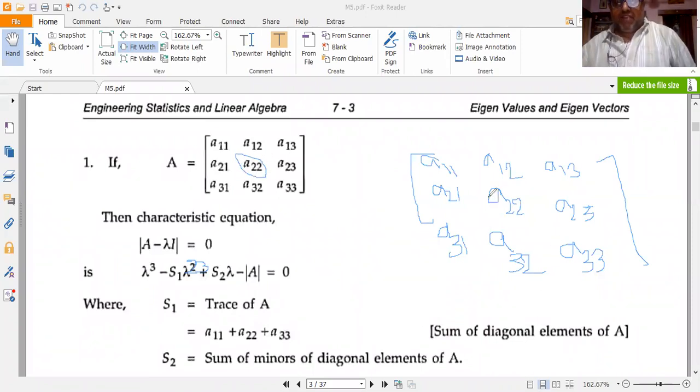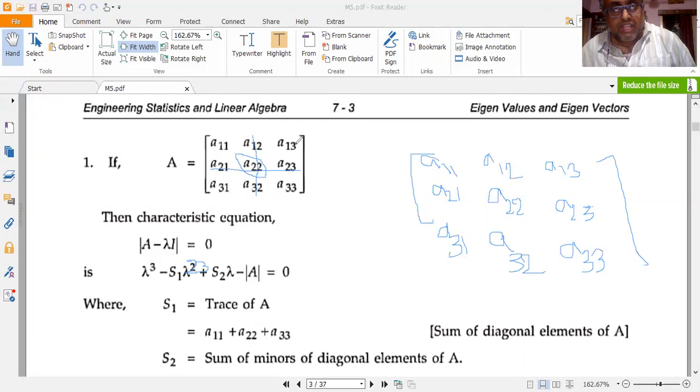Now A22 corresponds to the second row and second column element. So now delete the second row and the second column corresponding to A22. Now the new matrix, which is the minor of A22, would be the other elements which are not deleted.